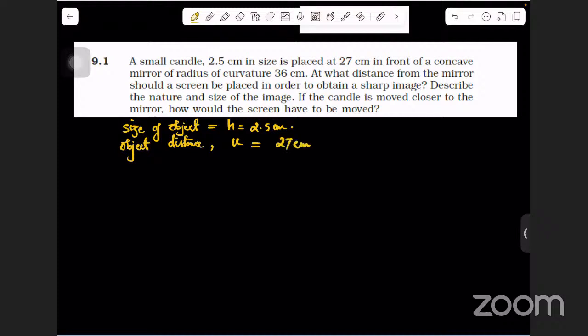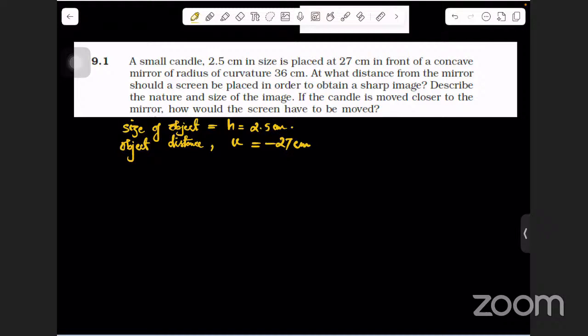But conventionally, if I have a mirror over here and this is the principal axis, and the object is placed to the left side of the mirror, we take that as negative. So it would be minus 27 centimeters.